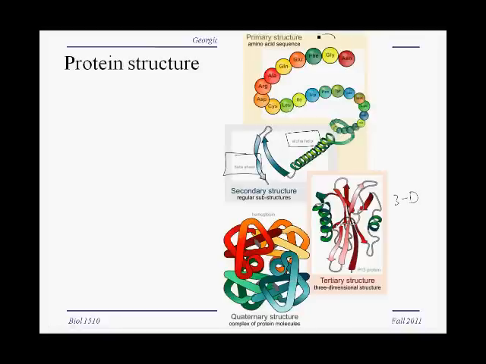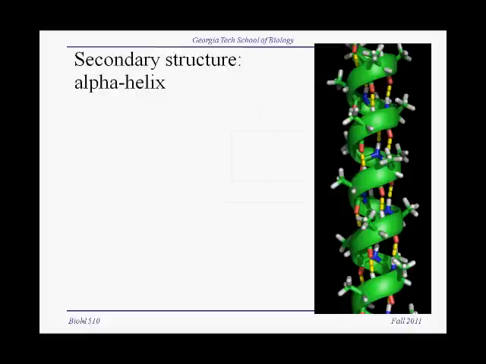So this would be a single polypeptide chain. And then when you have multiple polypeptide chains getting together, then that is quaternary structure. Just a couple of minutes to talk about secondary structure. Secondary structure is held together by hydrogen bonds.